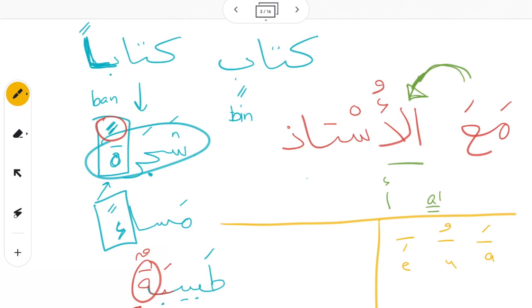And then you have your long vowel sounds, which is alif, a, waw, u, and ya, e. A, u, e. So these are short, and these ones are long.